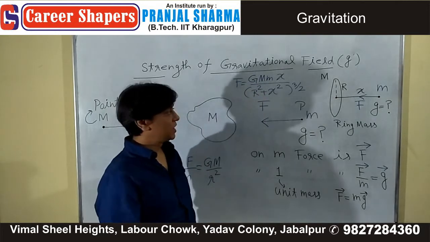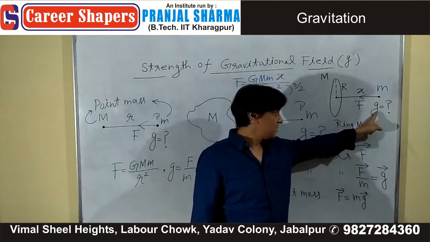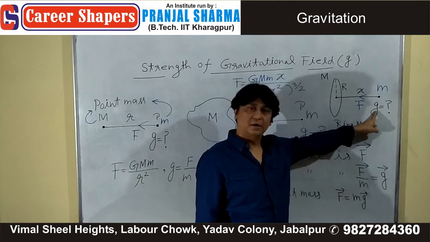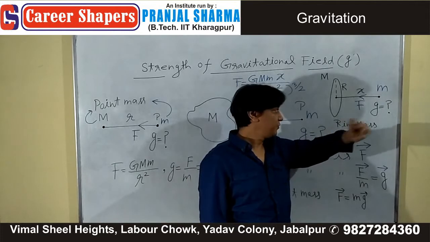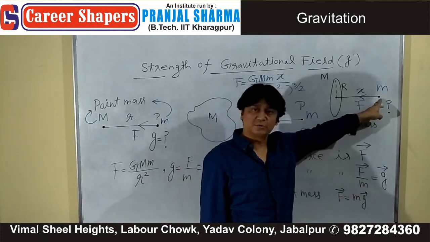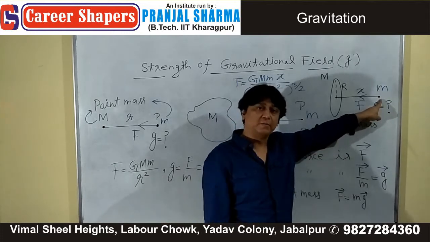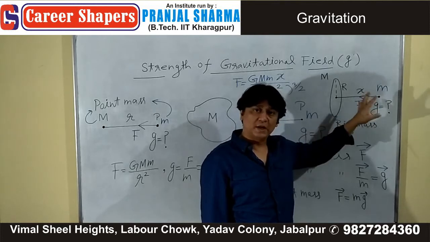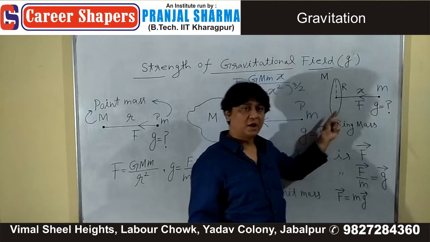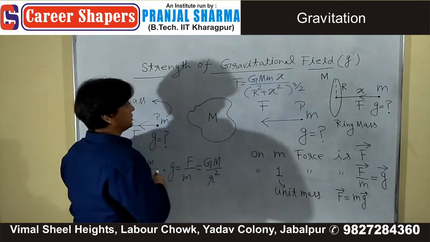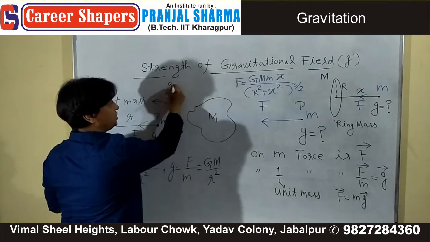But in the question we are asking what is the strength of gravitational field at this point, which means if you place a unit mass at this point, then what is the force on that unit mass coming from the ring? You know that. For that you will write g.